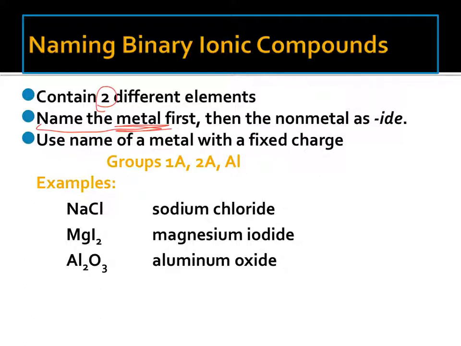That's all we put because sodium is always 1 plus. Chloride is how we would name the chlorine ion. Magnesium iodide. Magnesium is always 2 plus, and iodine, when it becomes an ion, you call it iodide. So notice they all end in ide.